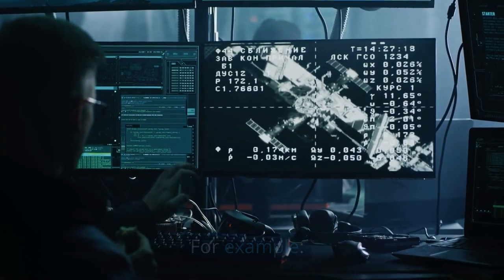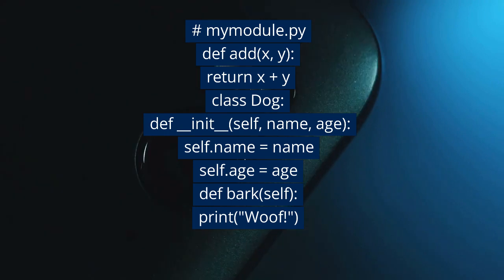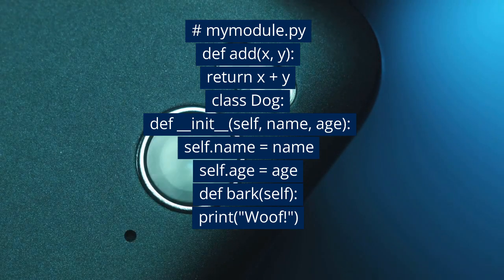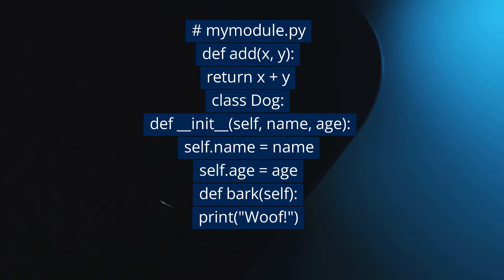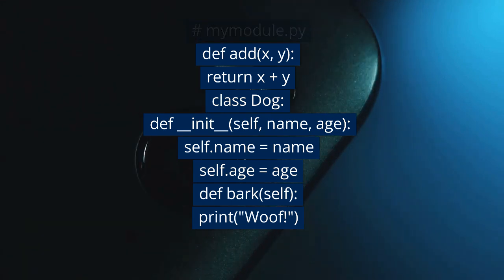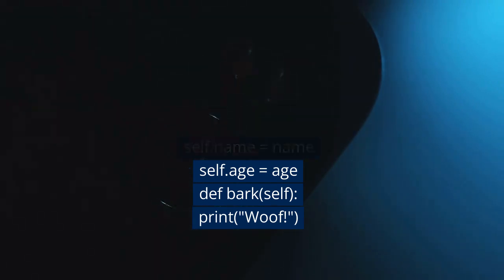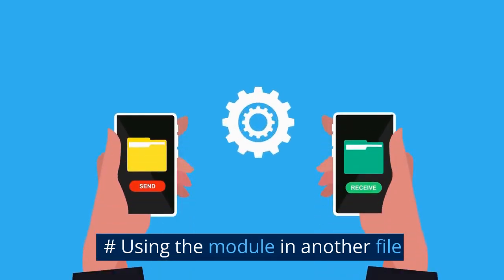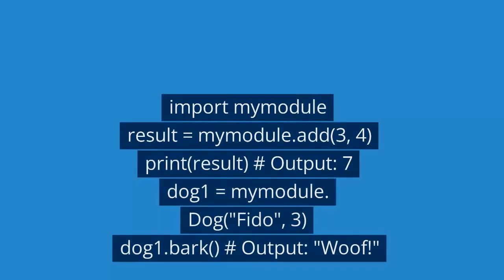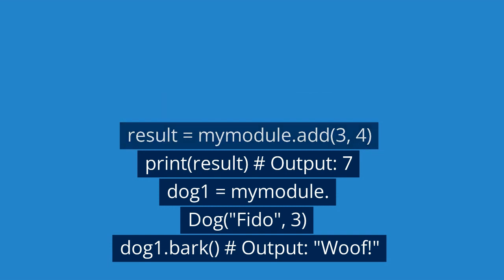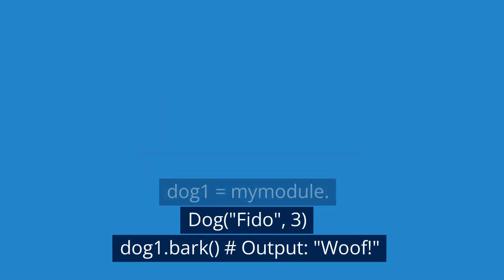For example, # mymodule.py: def add(x, y): return x + y, class Dog: def __init__(self, name, age): self.name = name, self.age = age, def bark(self): print("woof"). # Using the module in another file: import mymodule, result = mymodule.add(3, 4), print(result) # output: 7, dog1 = mymodule.Dog("Fido", 3), dog1.bark() # output: woof.